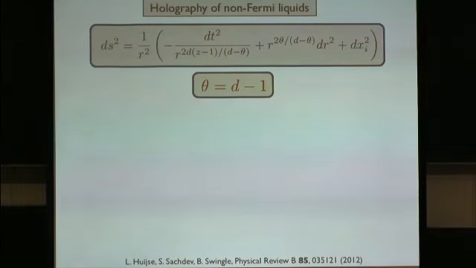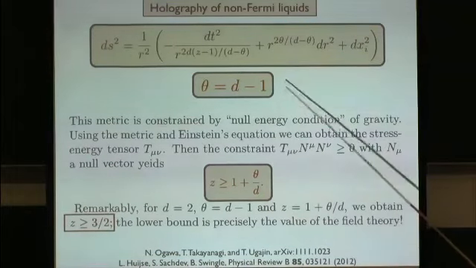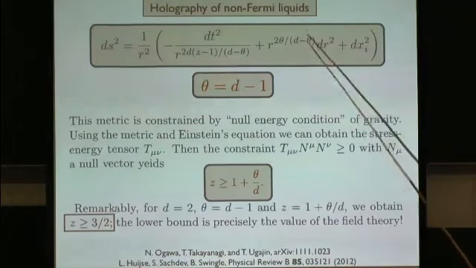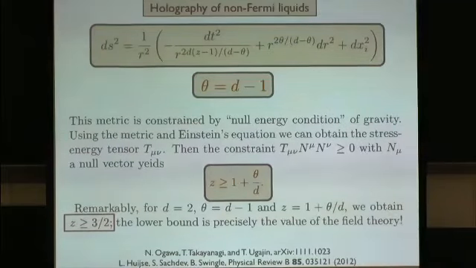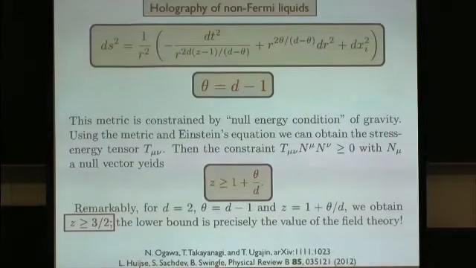Okay, now there's another beautiful argument here, originally made in a slightly different language by Takayanagi and collaborators. Here you've got a metric, and let's assume it's a solution of some theory of gravity, where at least the gravitational action is just the Einstein action. Then, knowing the metric, you know the stress energy tensor.